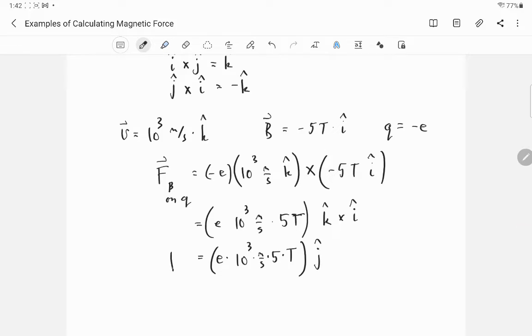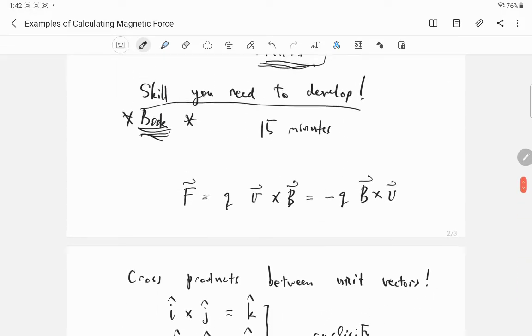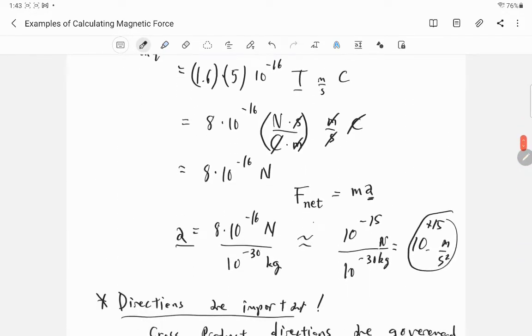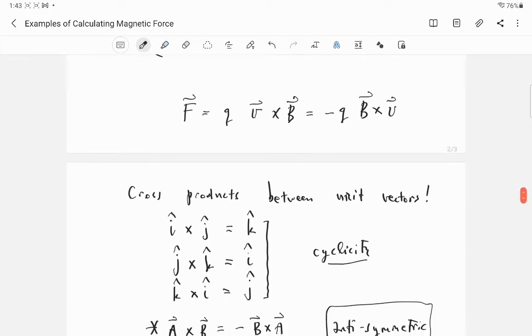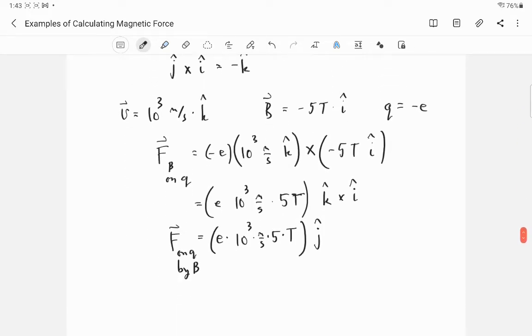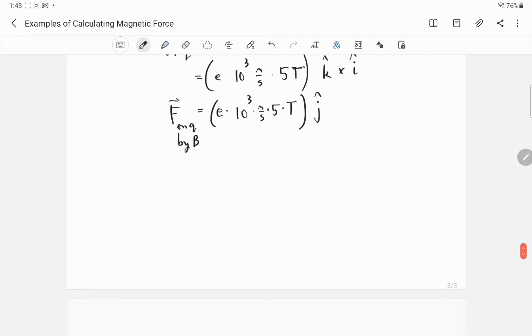right? So the vector force on Q by the magnetic field B is whatever this calculates out to be, which we actually calculated up here. It was 8 times 10 to the minus 16 newtons, so almost 10 to the negative 15 newtons, right? But it's actually in the J hat direction.